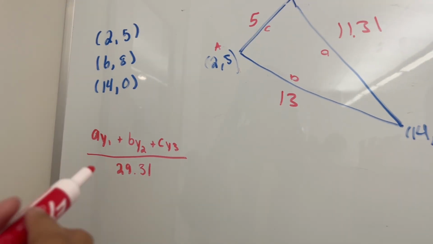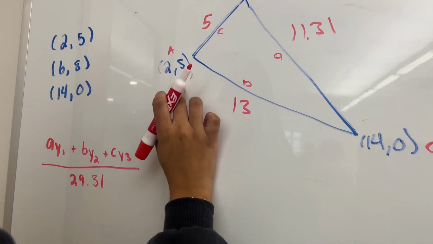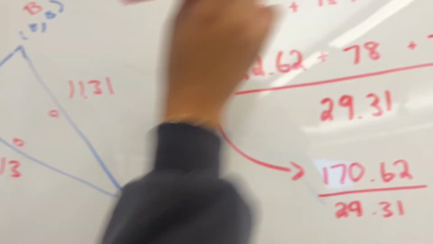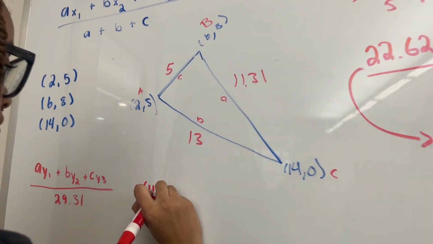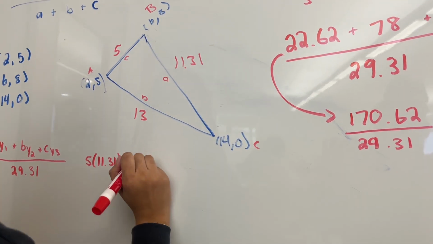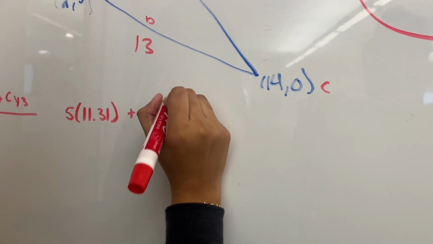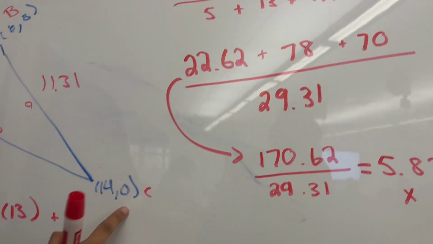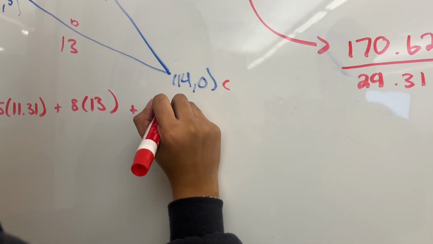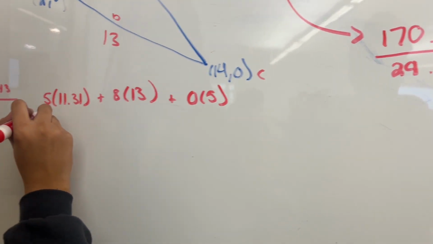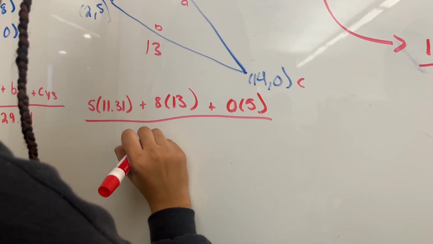From here, we take the y from A, which is 5, with the same numbers that would be in parentheses here, and then the y from B with the same coordinate, and then the y from C. And this is all over the same perimeter.